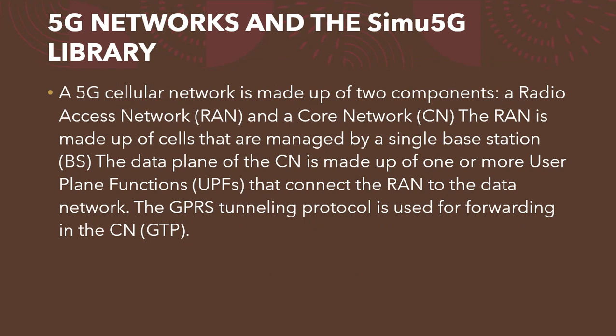The RAN is made up of cells that are managed by a single base station. That is the data plane. The data plane of the CN is made up of one or more user plane functions, UPFs, that connect the RAN to the data network. The GPRS tunneling protocol, GTP, is used for forwarding in the core network.